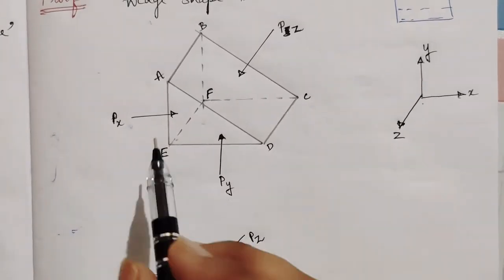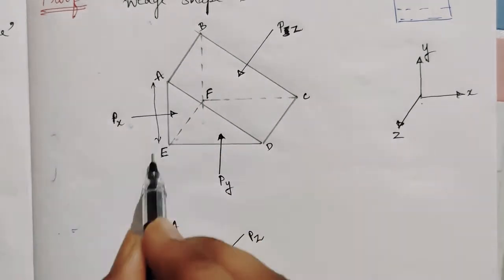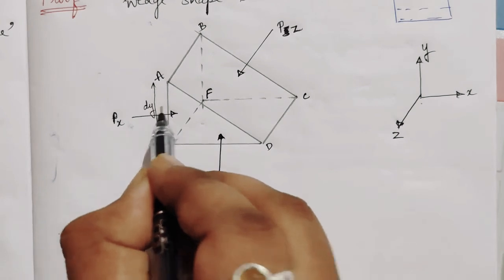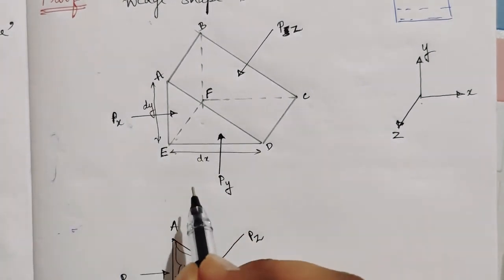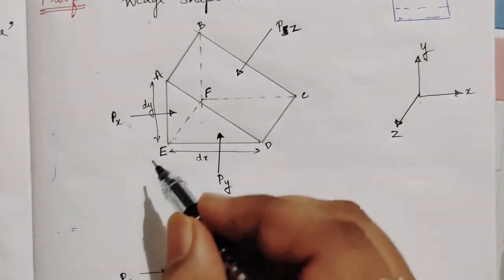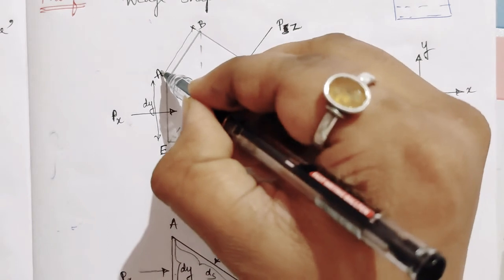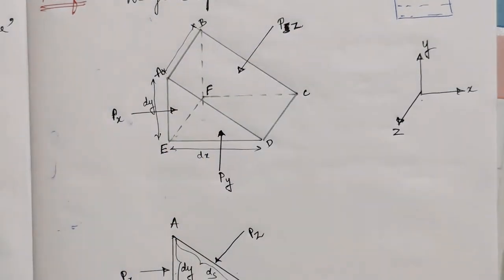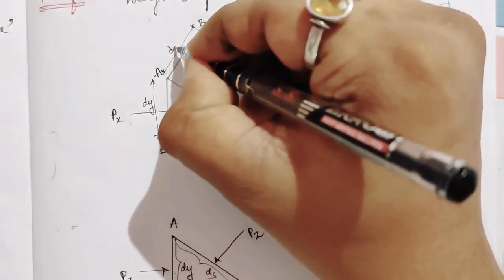Whenever I do in 3D, this is vertical, dy, this is dx, and this one can be taken as ds or dz.